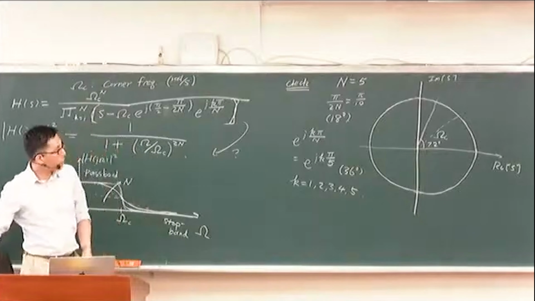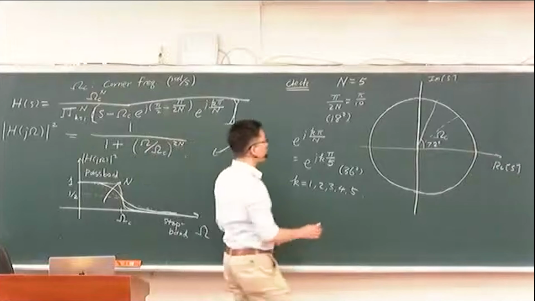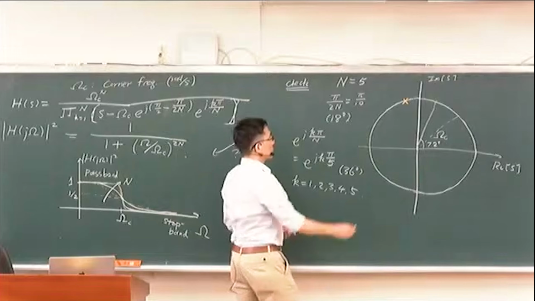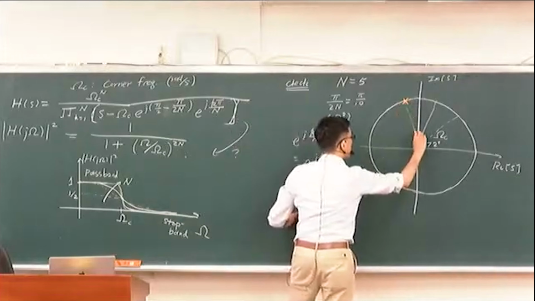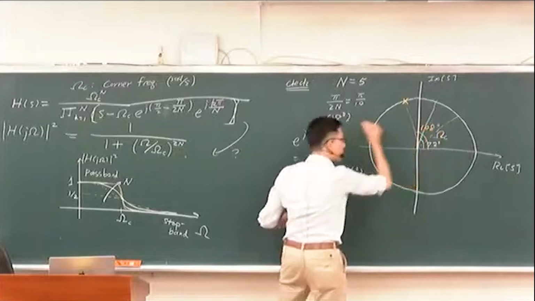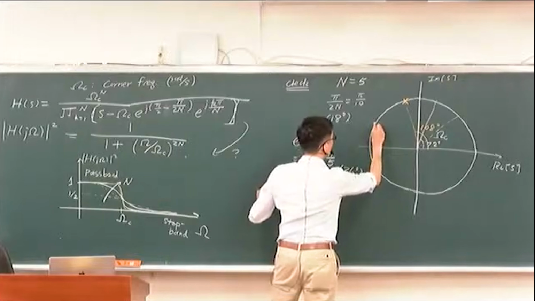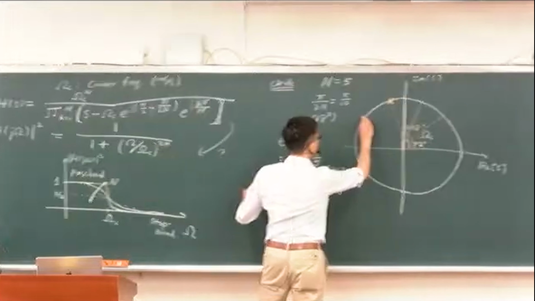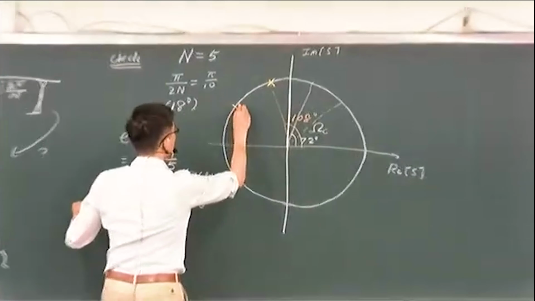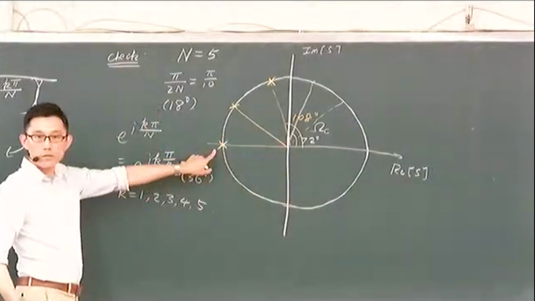Now let's plot all the locations of the 5 roots. The first of them is going to be right here. That's the first root, located right at how many degrees? You tell me. 108 degrees. That's the first root. And the second root is 36 further, right? So that should be around here. And the third one is right here.